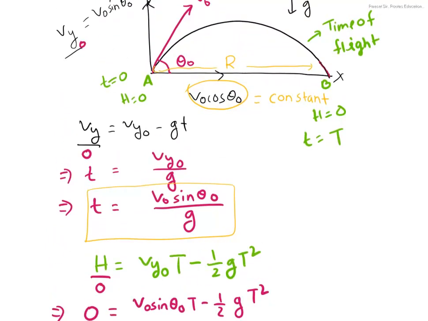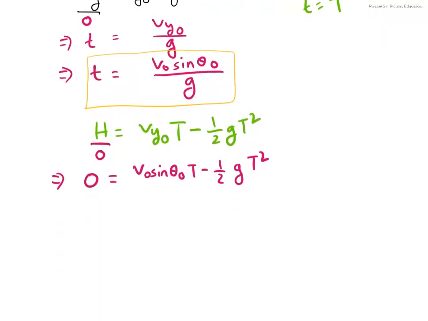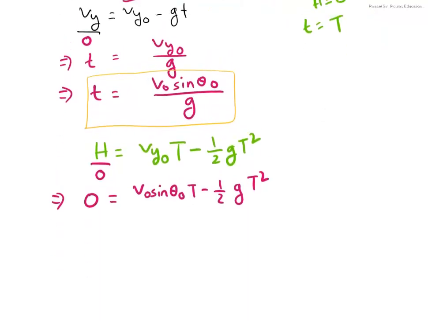So there must be two solutions for t. But we already know one solution: h equals 0 at time 0. At the initial time the height of this projectile is 0. So we don't need to solve this quadratic equation. Instead we're going to make it a linear equation.